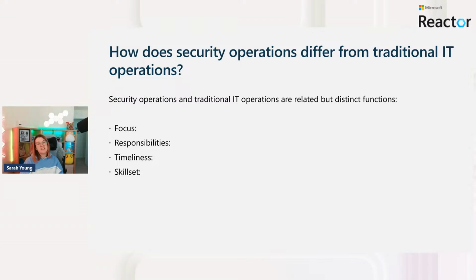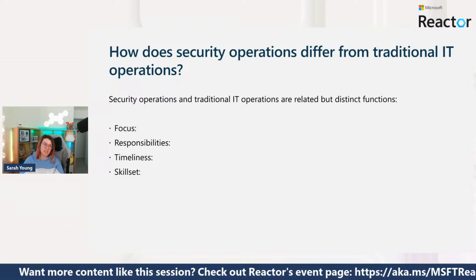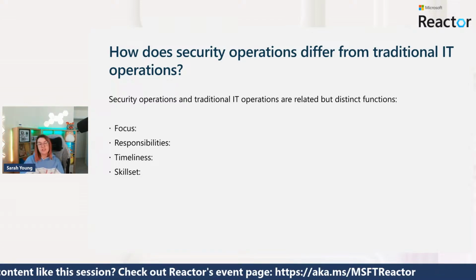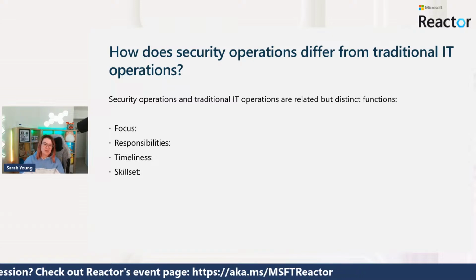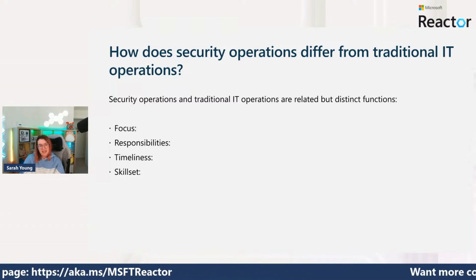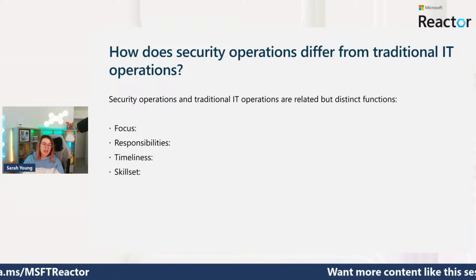Whereas security operations is concerned with availability, because of course if stuff isn't available and doesn't work, but they will probably prioritize fixing a security incident. So occasionally, if there is a security breach in an organization, security operations might have to shut down something in order to remediate it and fix it and isolate the problem, which of course isn't what IT operations would like. But sometimes, unfortunately, in severe cases, that can be necessary.